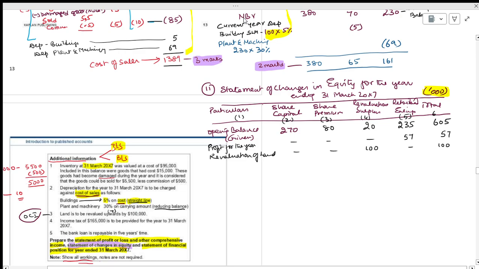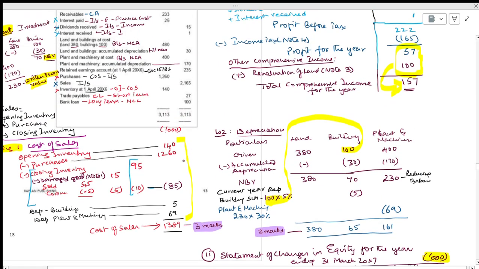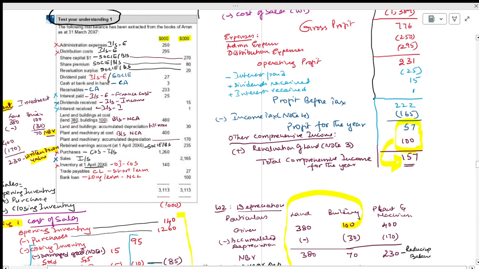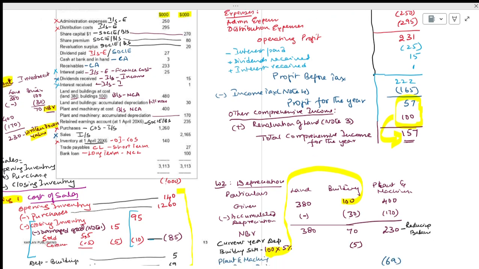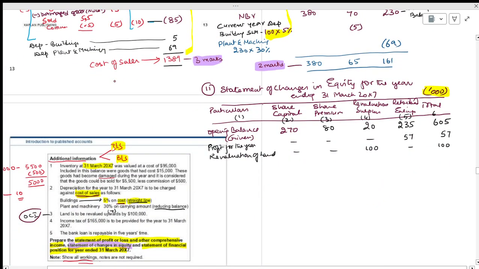Next, we have paid dividends. See the things. How much have you paid in dividends? It has been given here. 27. Dividends paid. We will pay dividends from the profits. 27 minus. Here also 27 minus. Nothing else is there.